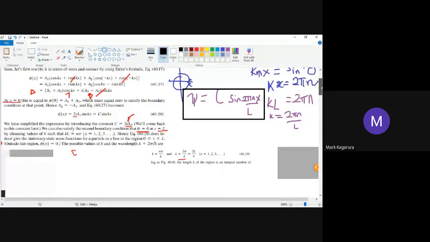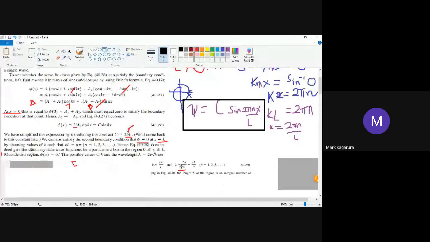And we have said that k is equal to n pi. So k itself, which is 2 pi over lambda.